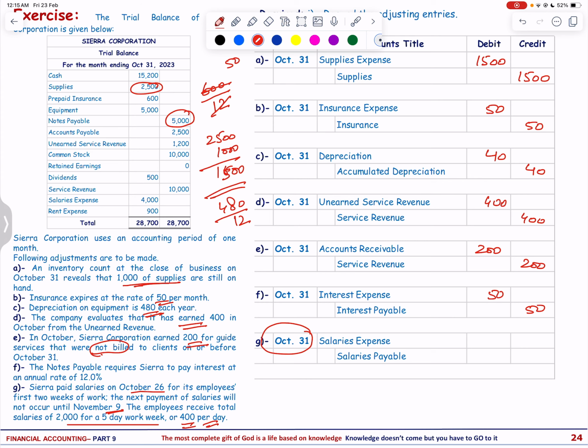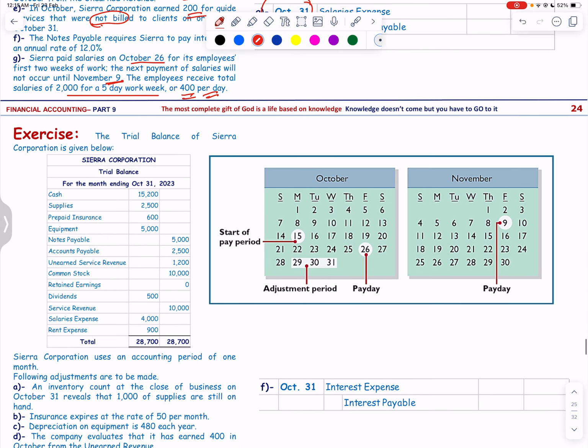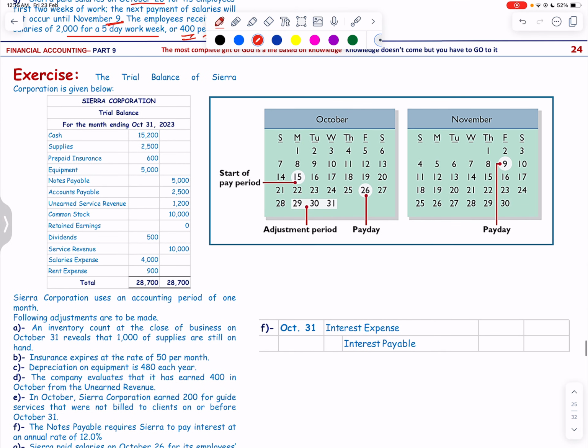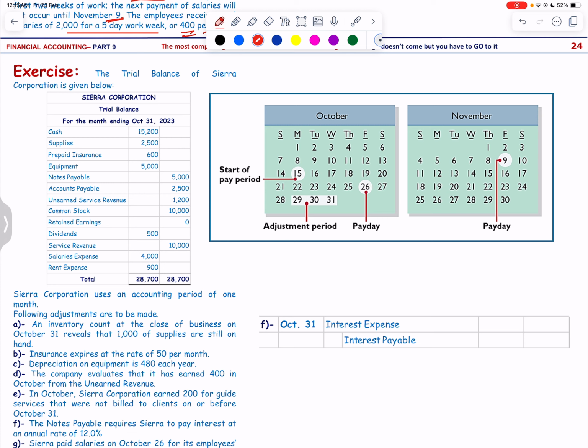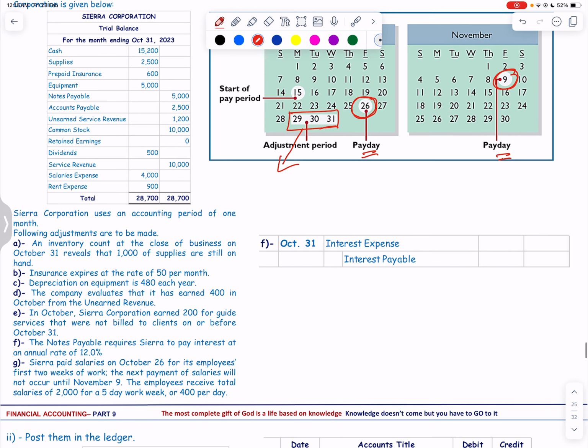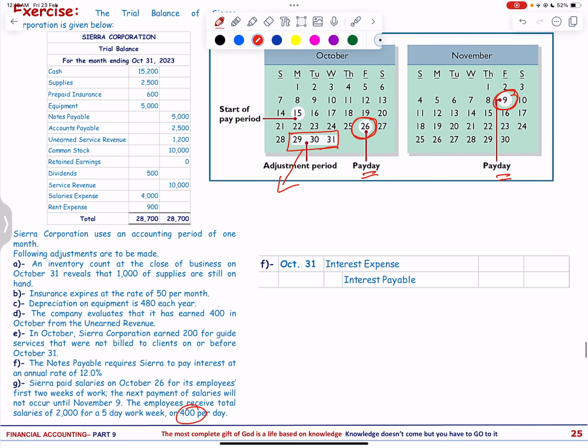I would like to explain this on the next slide. You can see that they made the payment on October 26. That was the payday, and the next payday is going to be the 9th of November. Now these workers have worked for 3 days, so salary expense has accrued. The rate was 400 per day. So 400 times 3.